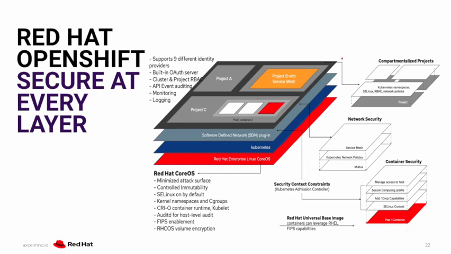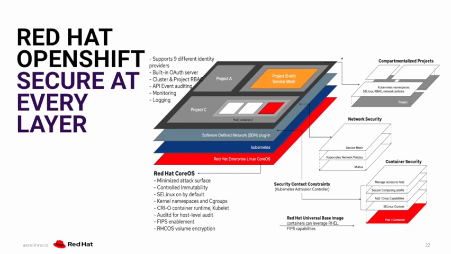It's also controlled immutability, because you don't go and make any changes with CoreOS. What Red Hat does is, as part of OpenShift running and the install, everything gets configured for you. So when there is an update, let's say a security update for OpenShift, CoreOS and OpenShift get updated all in one. You're familiar with SELinux, that is on by default.